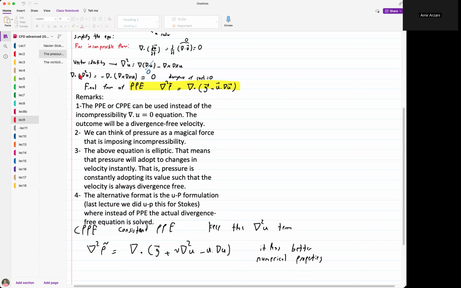So in practice, it might not be numerically exactly 0 based on our data or numerical calculations. In practice, it turns out it's actually better to keep that Laplacian of u term. Even though we know its divergence is 0, it's better to keep it because numerically it has better properties and leads to better results. So this is known as the consistent pressure Poisson equation.